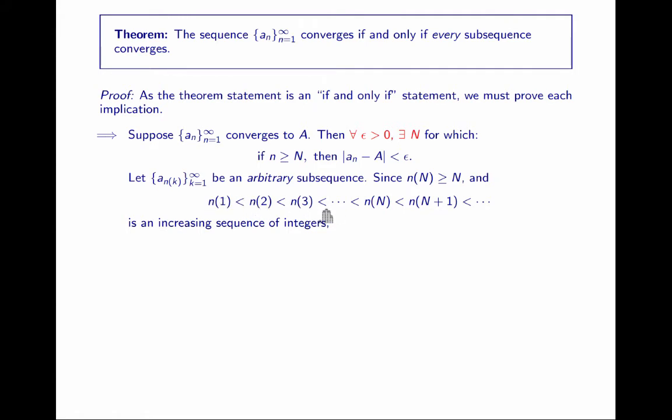My index resampling is strictly monotonically increasing. So that means if k is greater than or equal to N, then n_k is greater than or equal to n_N. Right? Remember, that's just because of the strictly monotonically increasing. And n_N is greater than or equal to big N from here.